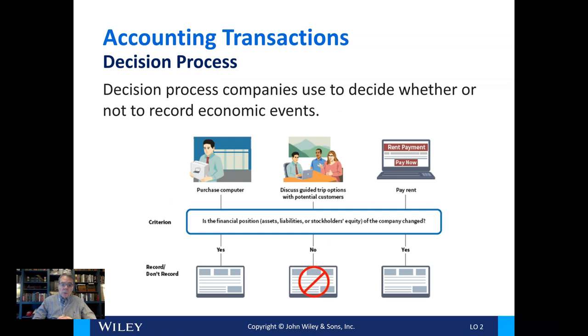If you purchase a computer, even if you don't pay today, that's an economic event and you have incurred a liability, which you will then have to pay in cash. Discuss guided trip options with potential customers: that has no financial impact, no dollar amount. Pay rent, yes. You are exchanging dollars for the ability to utilize the space.